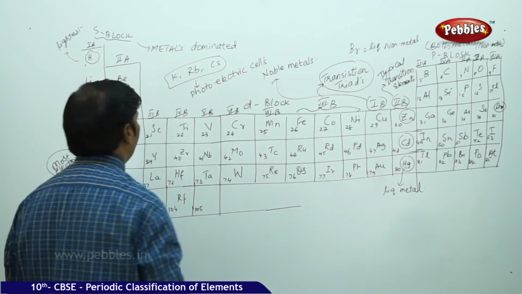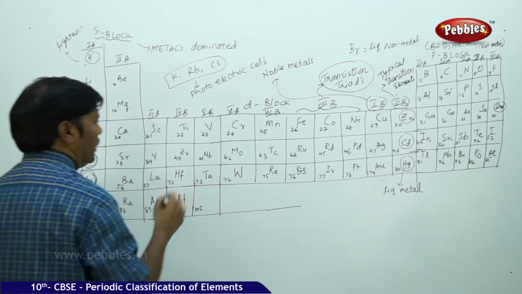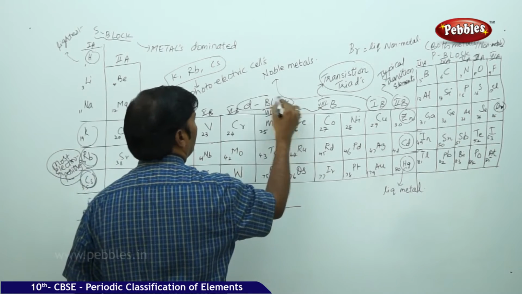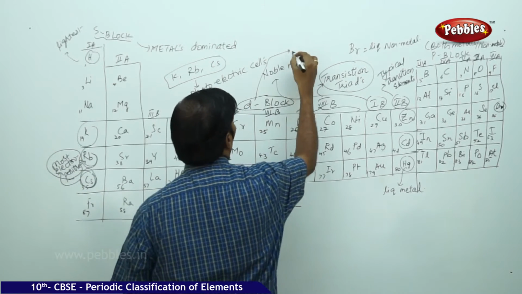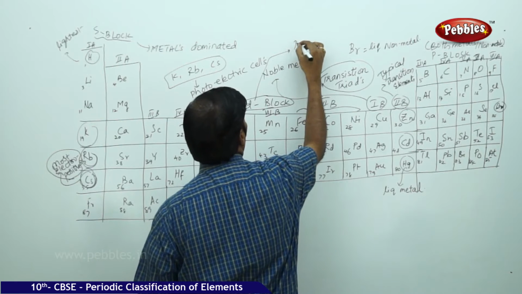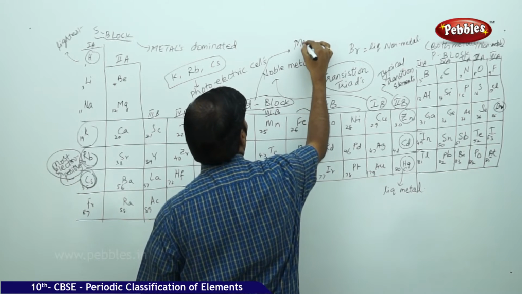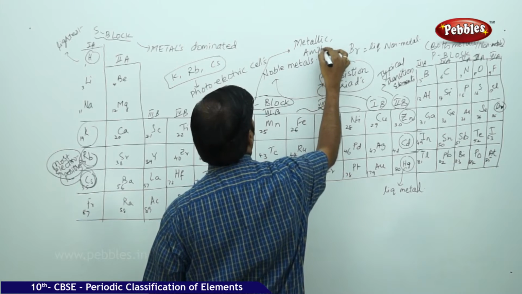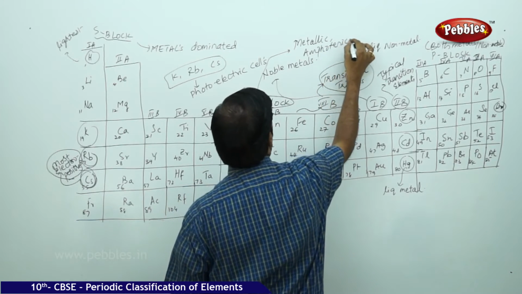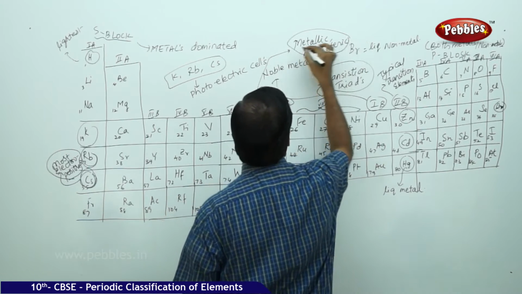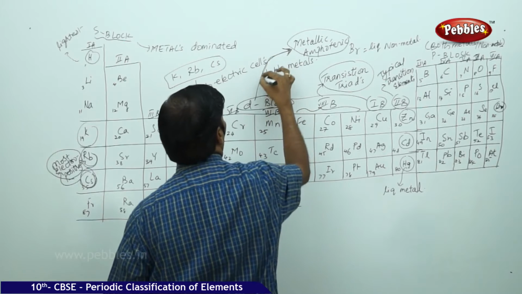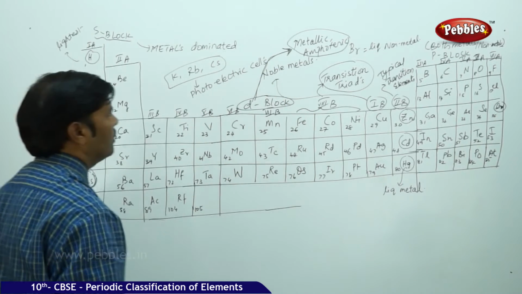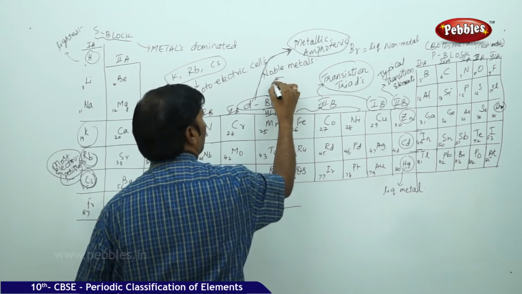If you take D block elements, in particular, they are metallic and also amphoteric.